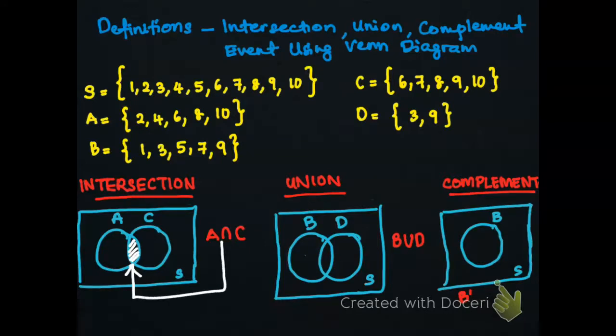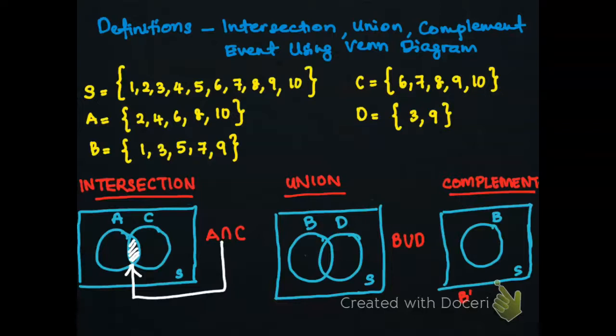Okay, so look back at our event A. Event A is the even numbers, and event C is numbers greater than or equal to 6. So which numbers are common in A as well as in C? Here we have A: 2, 4, 6, 8, and 10, while C consists of 6, 7, 8, 9, and 10.